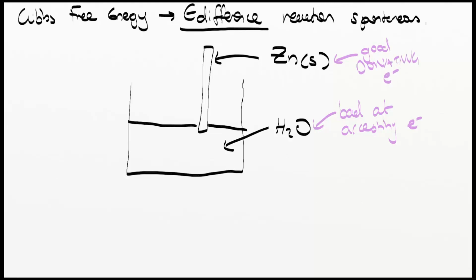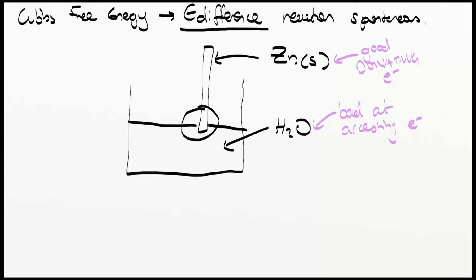So it's good at donating electrons, and water is bad at accepting electrons. So what happens when we stick this bunch of zinc metal into the water? What ends up happening is that zinc metal really likes giving away electrons.